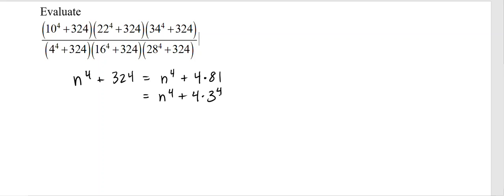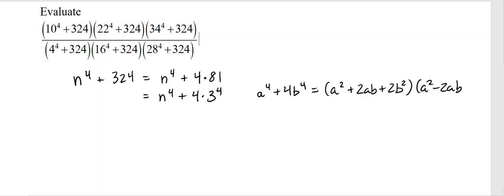This expression shows up in Sophie Germain's identity, which states that a to the fourth plus 4b to the fourth can be factored into a squared plus 2ab plus 2b squared times a squared minus 2ab plus 2b squared.